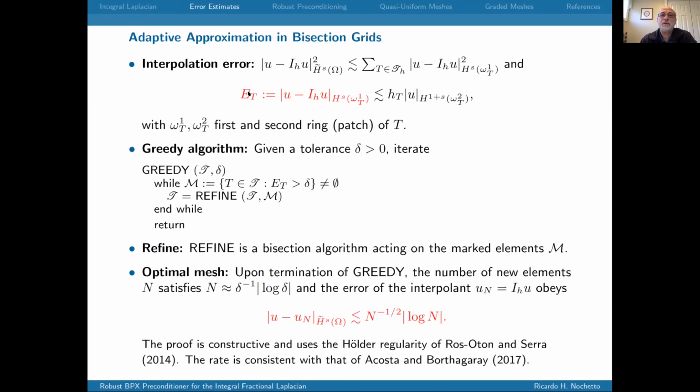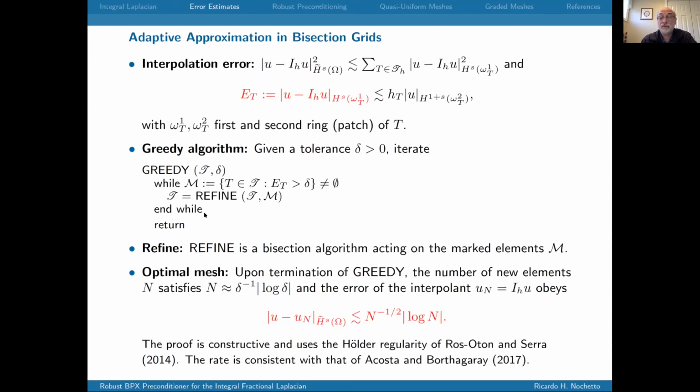So now with this estimator for the error over a triangle, we run a greedy algorithm, which basically, given a tolerance, marks elements for which this estimator is bigger than delta, refines those elements and perhaps more elements to keep conformity with this routine refine that implements bisection, and keep doing that until this set of marked elements is empty.